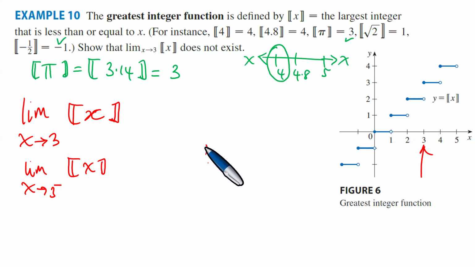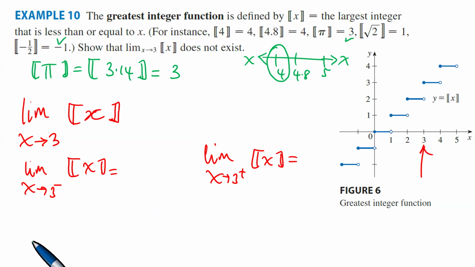But also we're going to look at the limit as x approaches 3 from the right of 3. So if you look at it carefully, when x approaches 3 from the left of 3, what do we get?